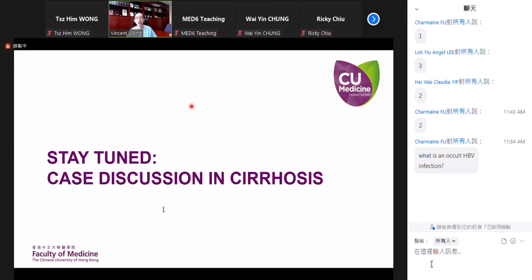Again, because of the potent immunosuppressive effect, even occult HBV infection can be reactivated. But for the other common things that you do, like if you use azathioprine, or if you are using biologics for inflammatory bowel disease or rheumatoid arthritis, there are already data showing that the rate of reactivation is actually quite low, and therefore we don't need to check for this condition in the first place.